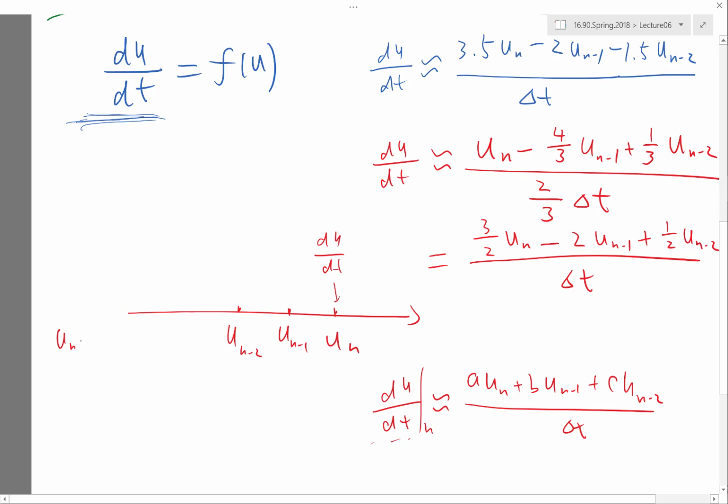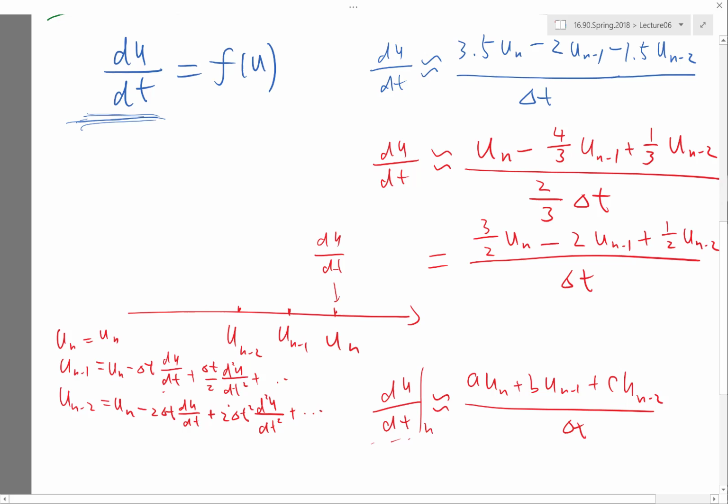So un minus 1 is going to be un minus delta t times du dt at n plus half delta t squared d squared u dt squared plus blah blah. And un minus 2, here you only want to cancel these two terms, so I'm only going to expand over here. So you have this plus 2 times delta t squared d squared u dt squared plus dot dot dot.